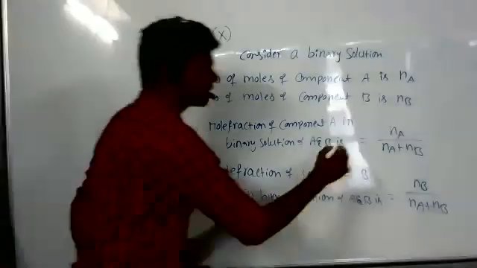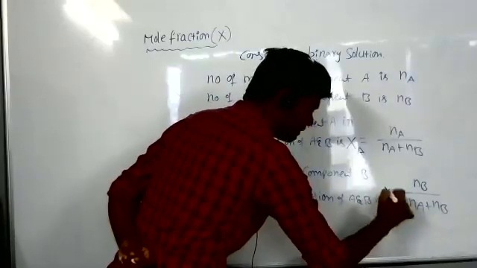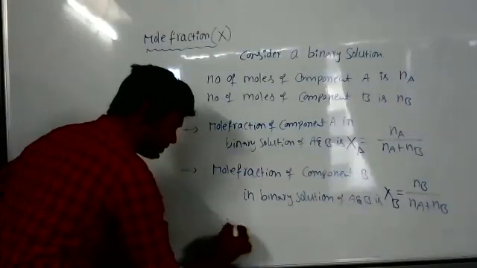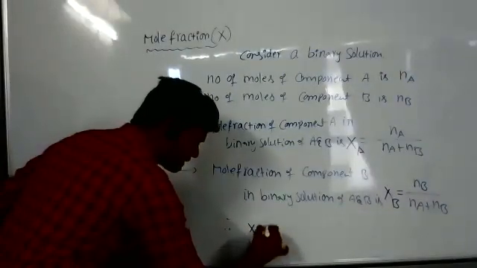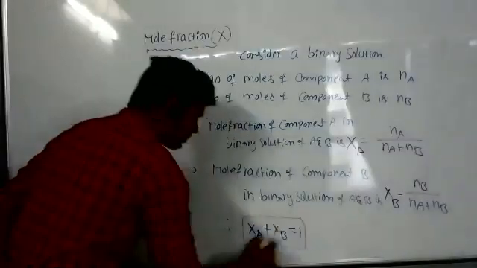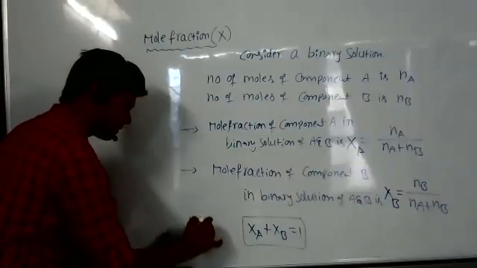So it is denoted with Xa, the mole fraction of A, and this is denoted with Xb. This is important: always Xa plus Xb becomes 1 only. I'll write this under a note point.